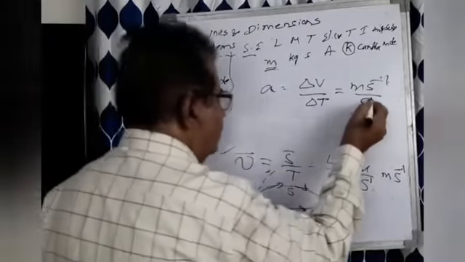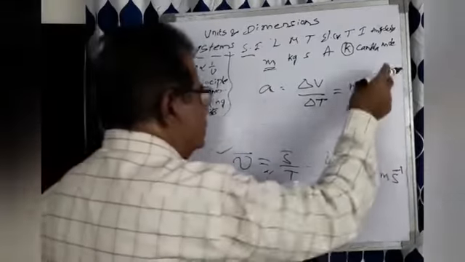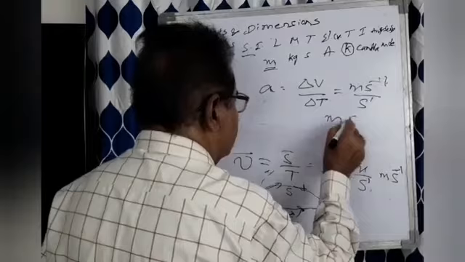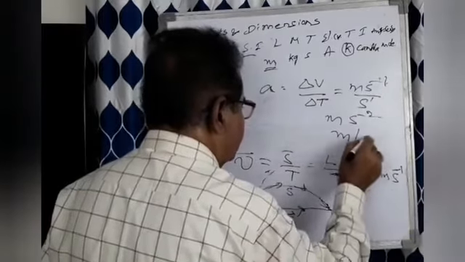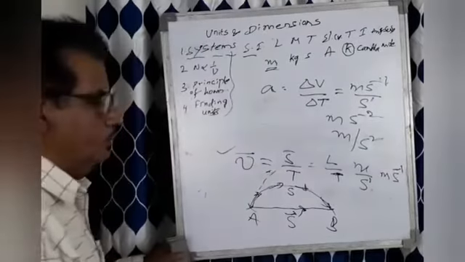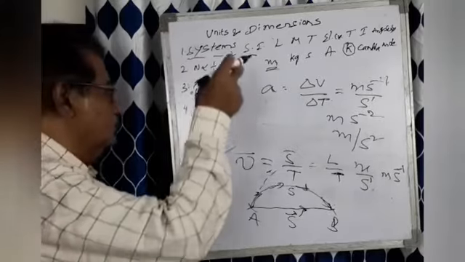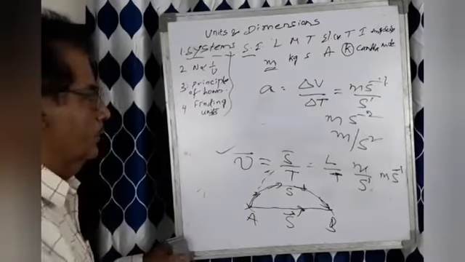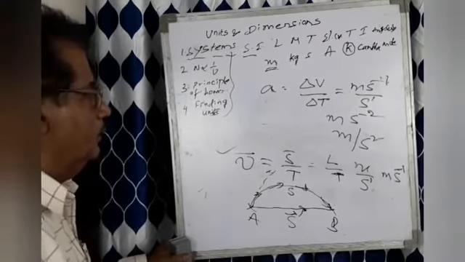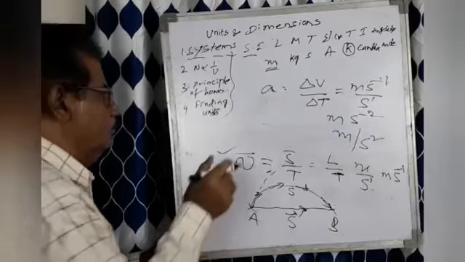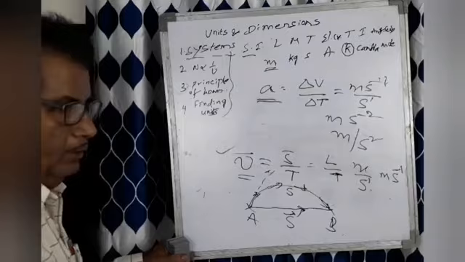So this s power 1 also goes to the numerator and becomes another minus 1, so minus 1, minus 1, minus 2. Meter second inverse 2. Or I can say meter per second square is the unit of acceleration. So to get the units, you should know the definitions, or the concepts. That is how physics becomes easy or made easy, provided you know the definitions of the different physical quantities or the concepts.